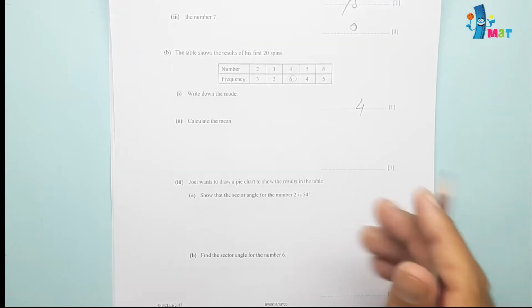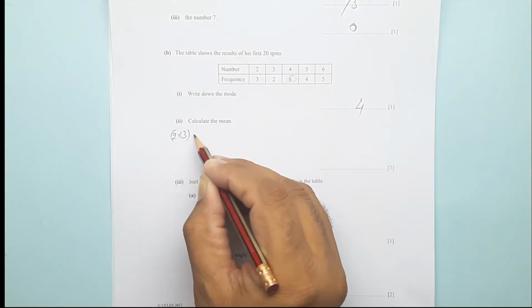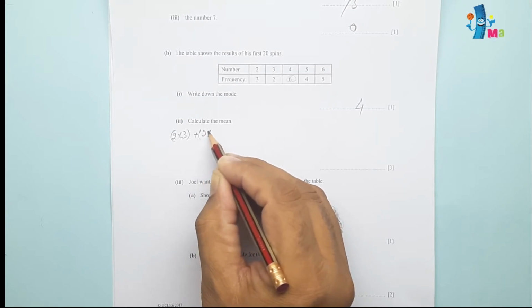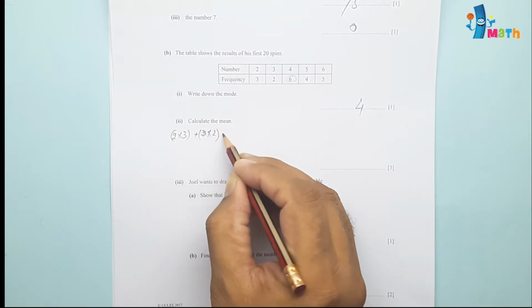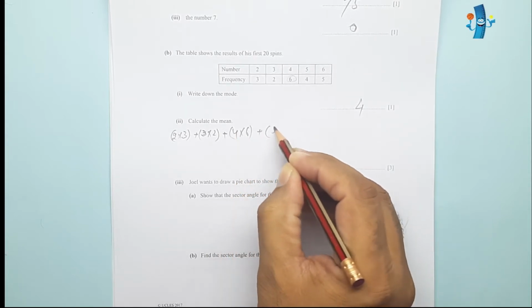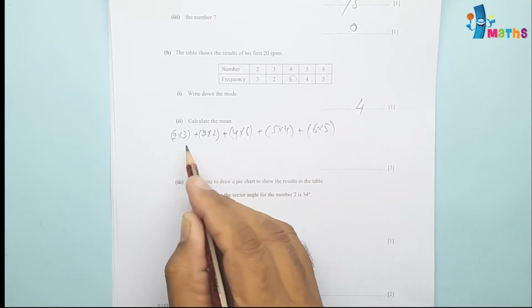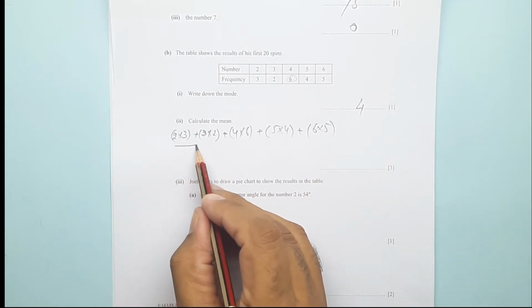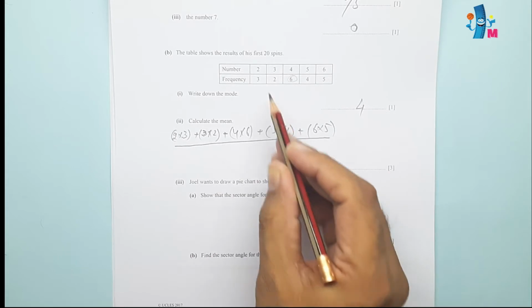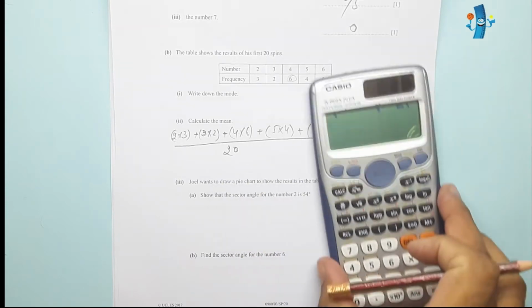We will be multiplying these two: 2 into 3 plus 3 into 2 plus 4 into 6 plus 5 into 4 plus 6 into 5, and divided by the total 20 spins. So it will be divided by 20.